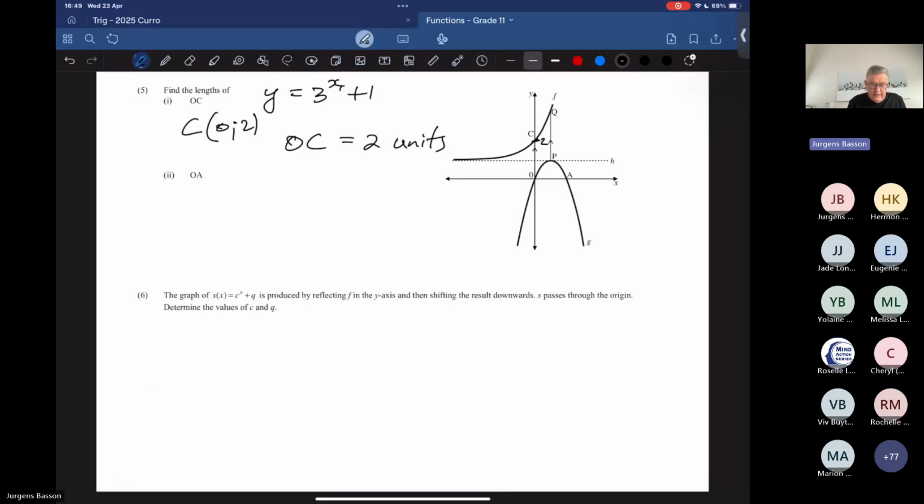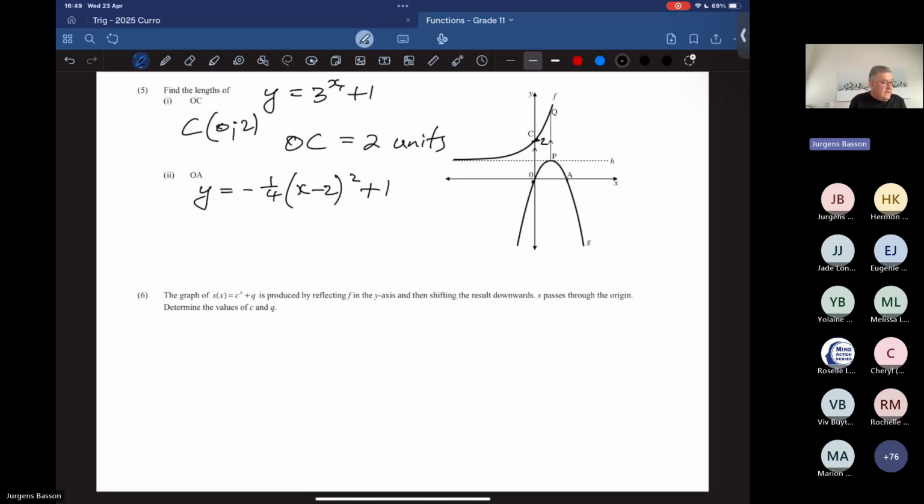Okay, so I'm busy with the length of OA. O is at 0. That is the other x-intercept. So we must take the parabola now. The equation of the parabola is y equal to minus a quarter, x minus 2 squared, plus 1.